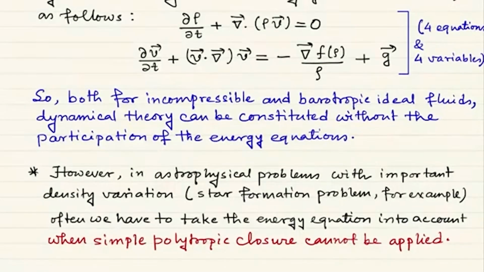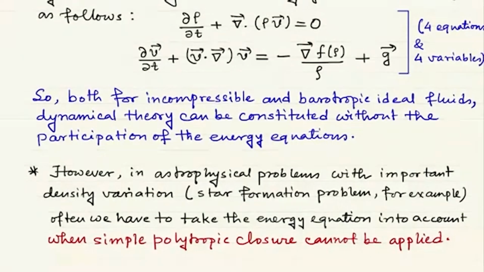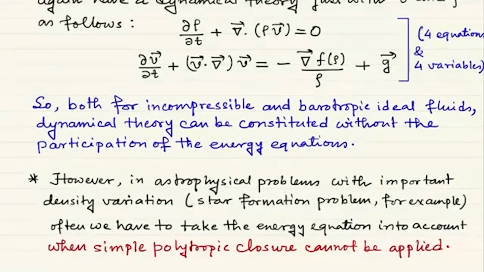First you have to check whether a polytropic closure is a good approximation for your system or not. So first of all, important density variation, no chance of incompressibility. Second, you check whether you have the pressure as a well-defined function of density only or not. If yes, no problem, you just simulate or do analytical treatment using the continuity equation and momentum equation. Otherwise you must include the energy equation.